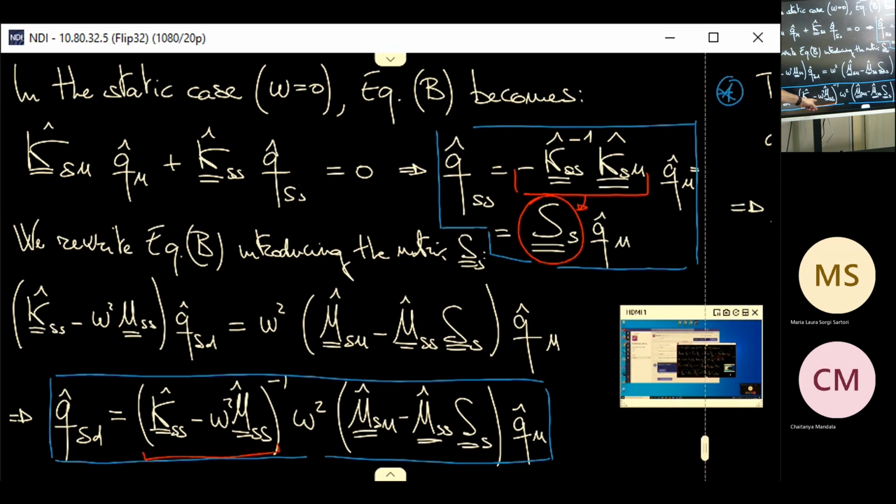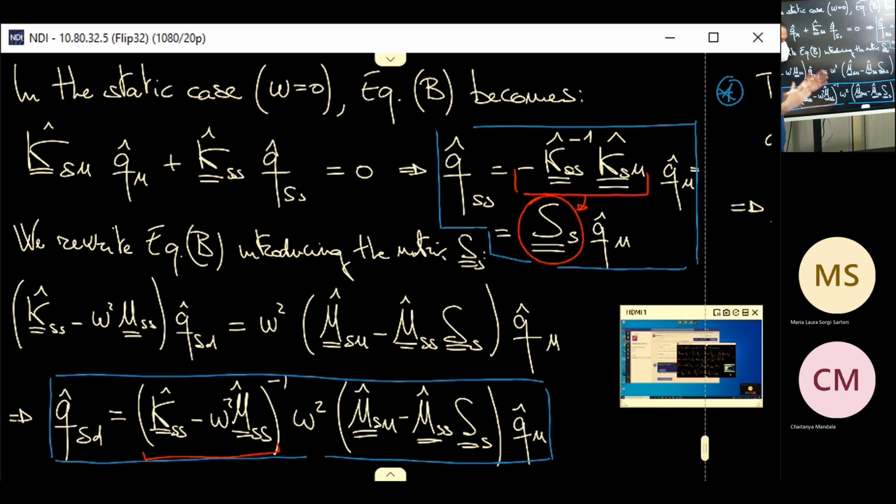It means, so this is, as you can already recognize, the eigenproblem associated to the slave part. You see, it's the eigenproblem. So the static condensation makes sense when the dynamics of the slave part happen at frequencies which are not of interest for my study.